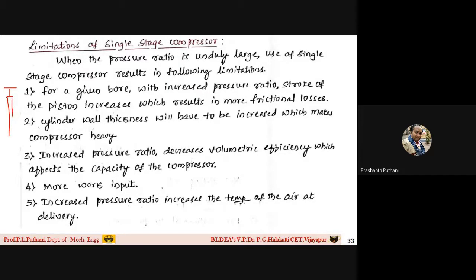Can anybody tell me what this is which I have drawn on the screen? What is there on the screen?